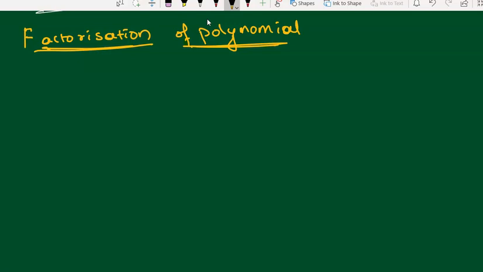Okay, let's begin, guys. I'll take one simple problem and tell you how we can use the factor theorem to identify the factors of a given polynomial. First I will tell you middle term splitting, then the factor theorem.